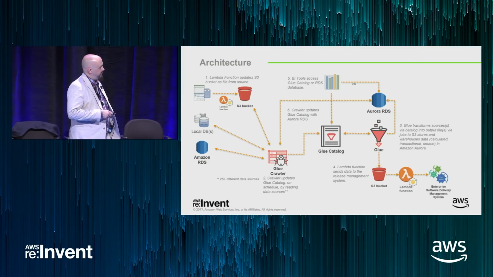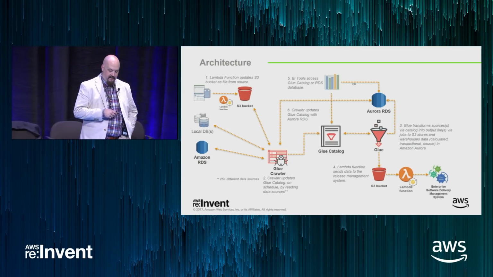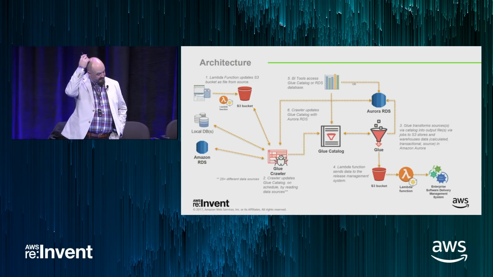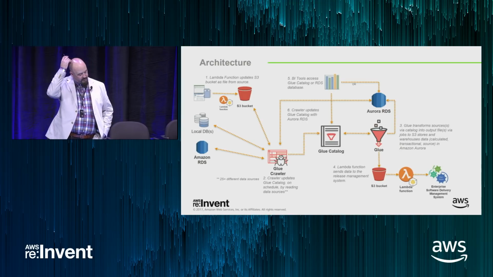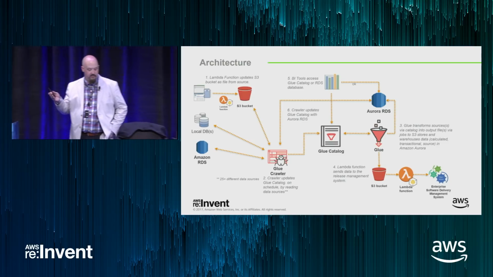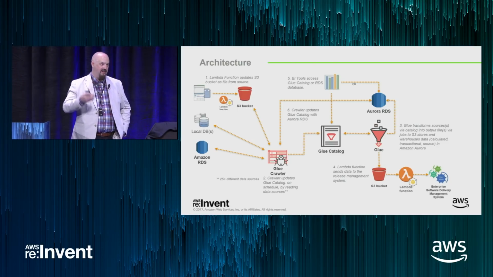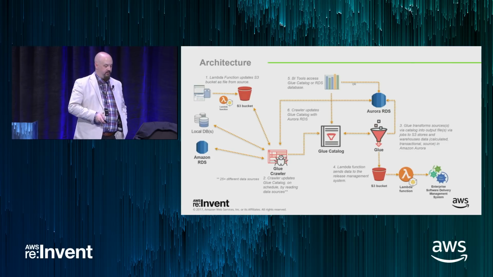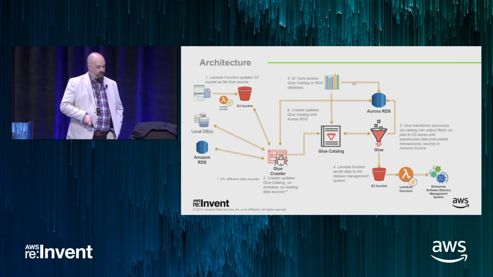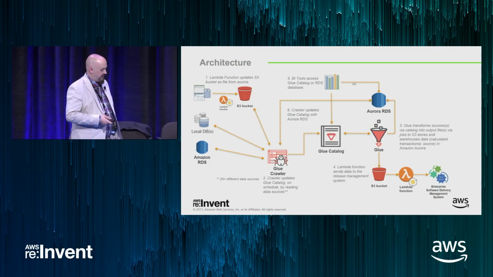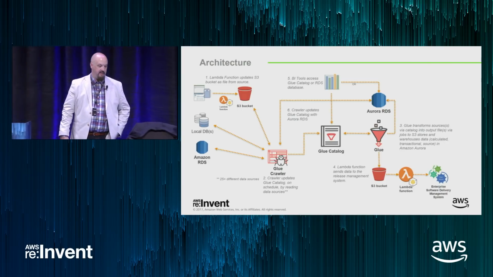So from here, then, we'll use the Glue transforms and leverage the catalog. We have done some calculated data and transactional data from the source, so we're actually adding on to the data because of how it relates to the end solution. And then we have a Lambda function that'll then send it up to our enterprise software delivery management system.